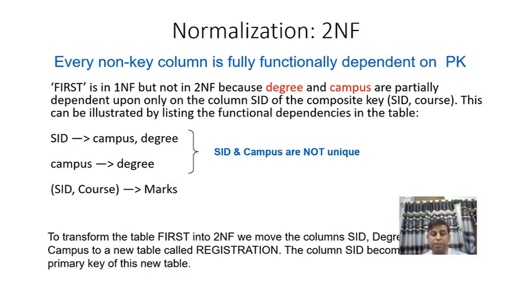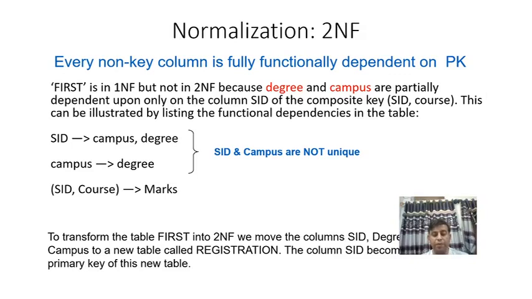This can be illustrated by listing the functional dependencies in the table. SID determines campus, degree, meaning campus and degree are dependent only on SID. And what is SID? SID is a part of the primary key.